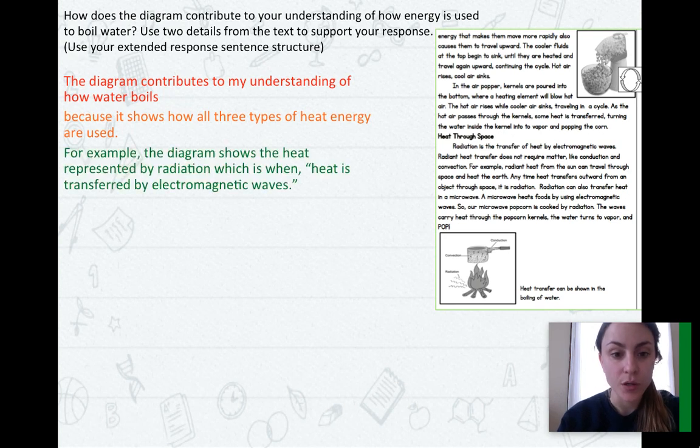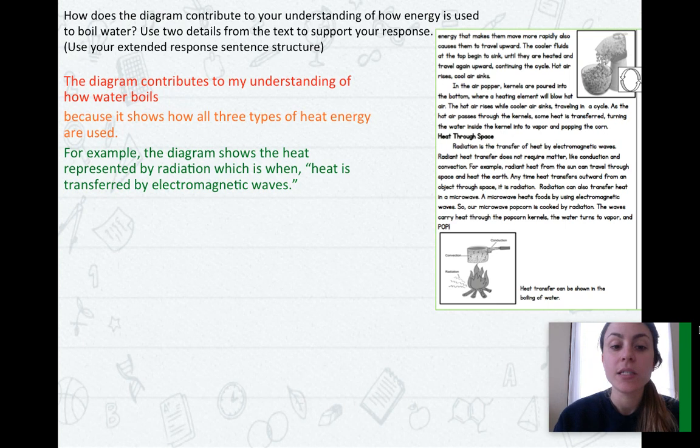For example, so here's my first detail. I used a text evidence sentence starter here, and then I'm going to use details from the diagram, which is the diagram we're referring to, and I'm also going to use information from the text.